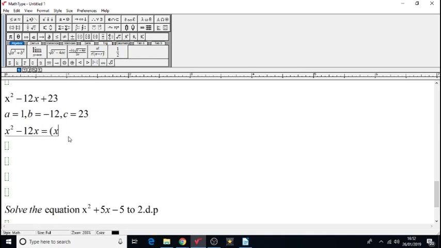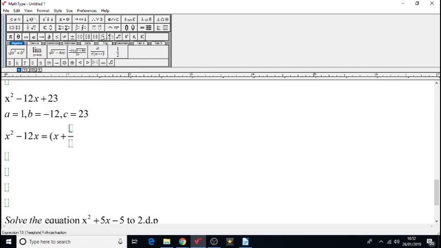We're going to write it how it is, and you'll see what I mean. So because it's x plus b over 2 for our initial bracket, and b is equal to minus 12, we do minus 12 over 2, close bracket, squared.